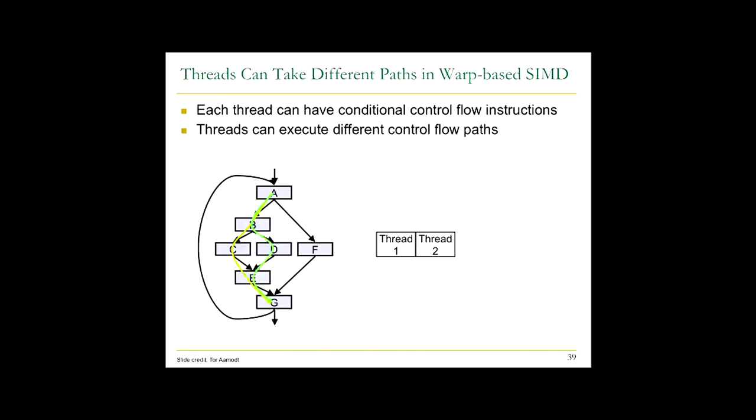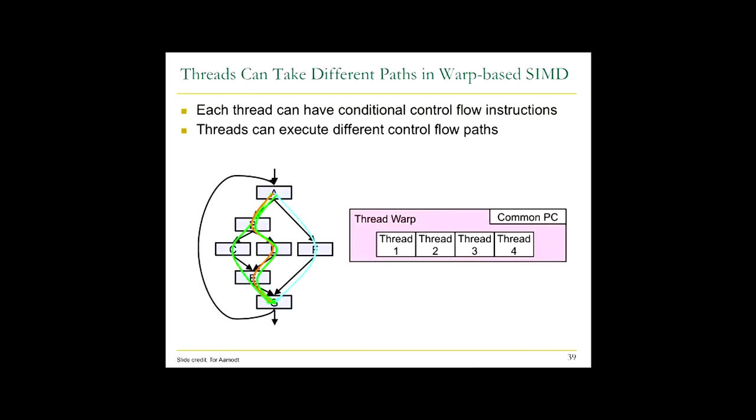Another thread can take this path, because this if condition may not be evaluating to be taken to C, it may be evaluating to be taken to D. Another thread may be executing this path, another thread may be executing this path. We don't know where they execute, of course, until we execute the threads. But assume that we've grouped these threads into a warp, because you have, let's say, 4 iterations grouped into a warp.